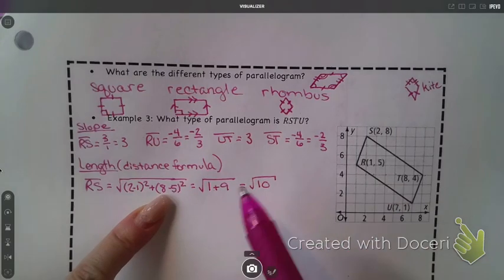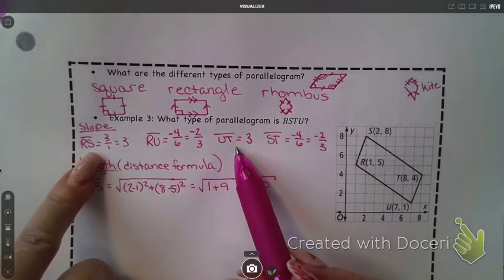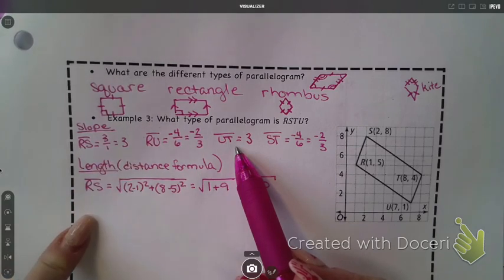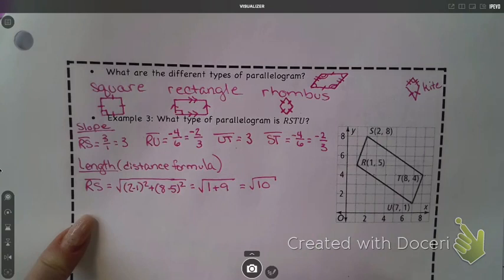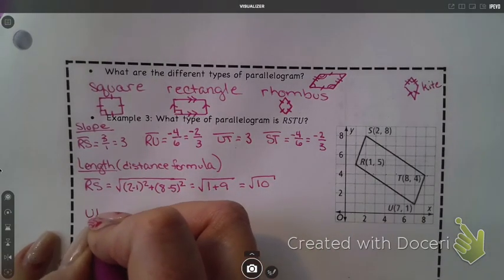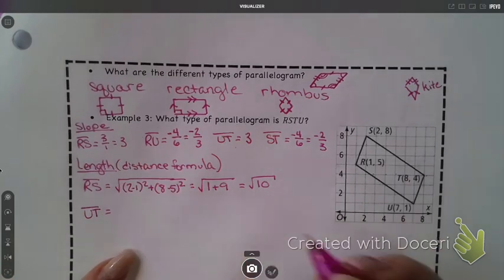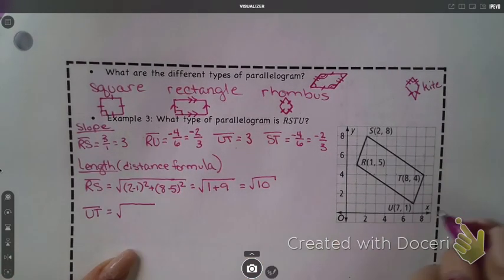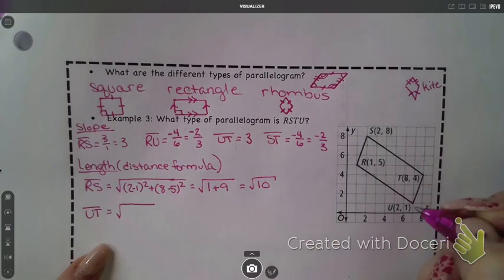Now, I already know that RS and UT are parallel to each other, correct? So I personally am going to do the length of UT next to the length of RS. Just what I'm going to do. So UT. 8 minus 7 is 1.